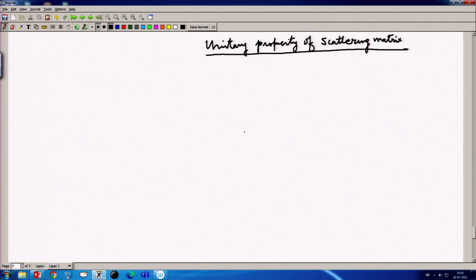For that, we would make use of the power conservation theorem.